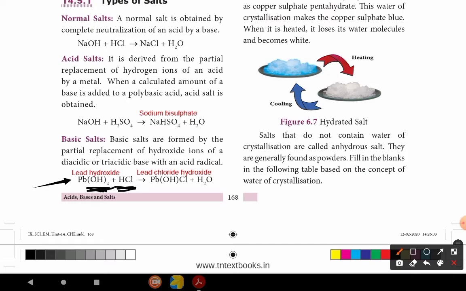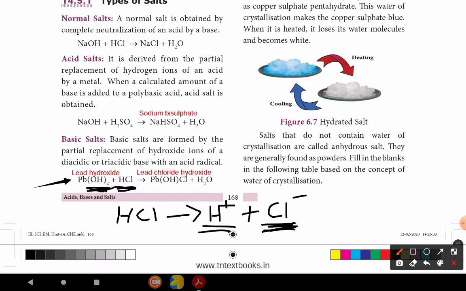This is called hydrochloric acid. இந்த HCl வந்து radical form ஆகும். இந்த HCl you will get H plus and Cl minus. ரெண்டுமே radical தான். இந்த Cl-க்கு பேர் chloride ion. So this is an acid radical. ஆசிட்லேருந்து வர்றதுனால ரெண்டுக்குமே acid radical.